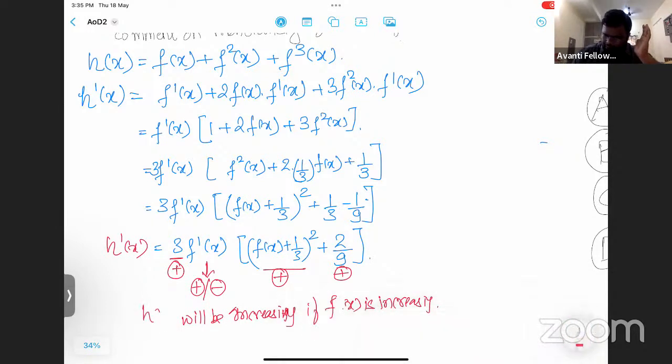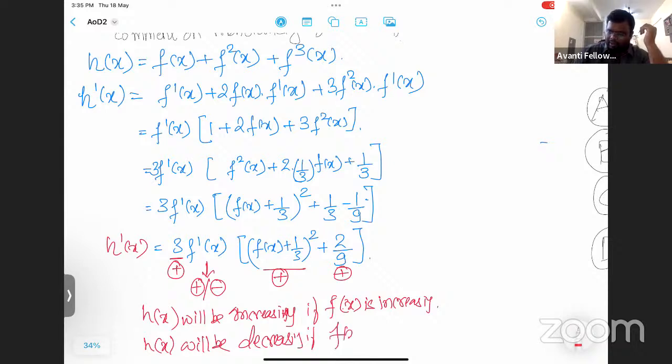So h(x) will be increasing if f(x) is increasing. That is, if f dash x is positive, then h dash x will be positive. Hence h(x) is increasing, and h(x) will be decreasing if f(x) is decreasing. So this is how the function h(x) depends on f(x).